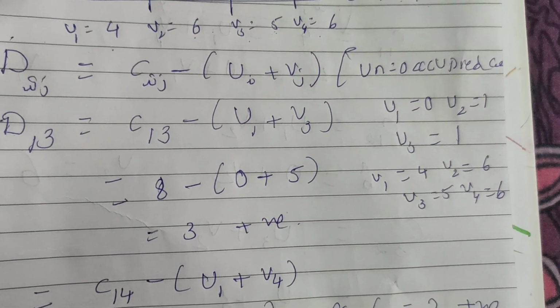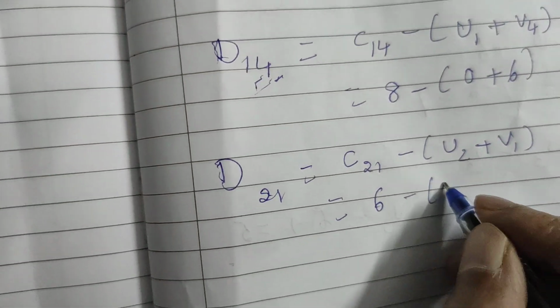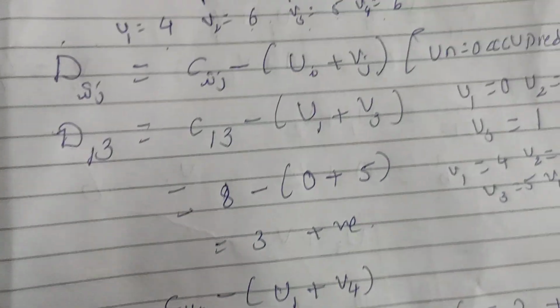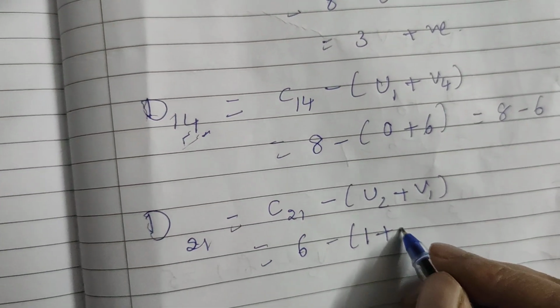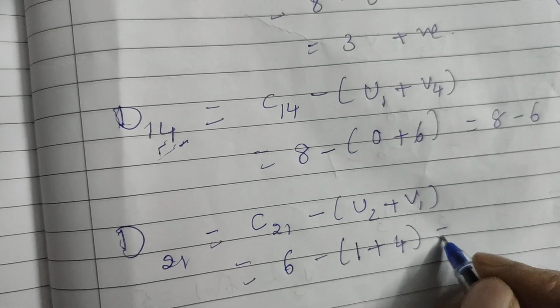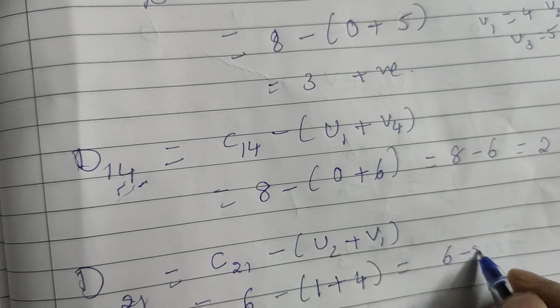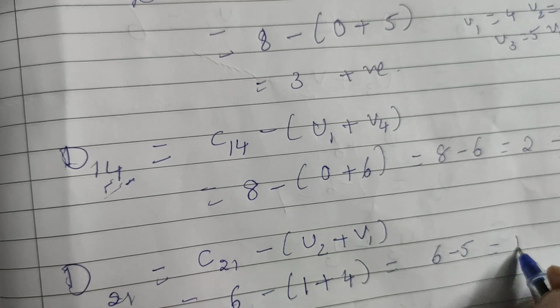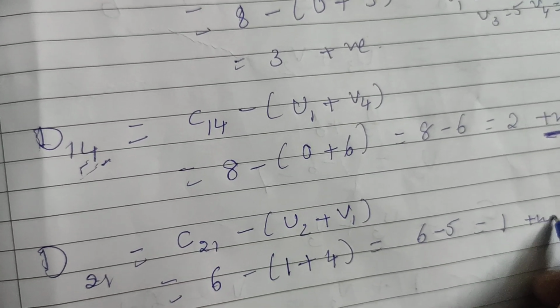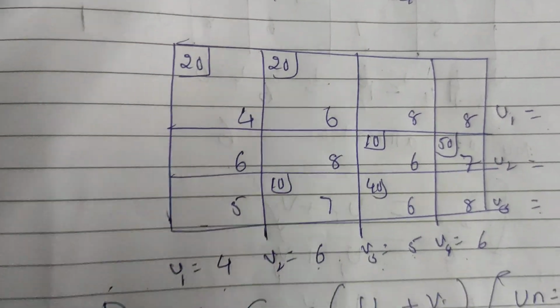U2 is equal to 1 plus the V1 value, which is 4. So 4 plus 1 is equal to 5. So 6 minus 5 is equal to 1. Positive value.